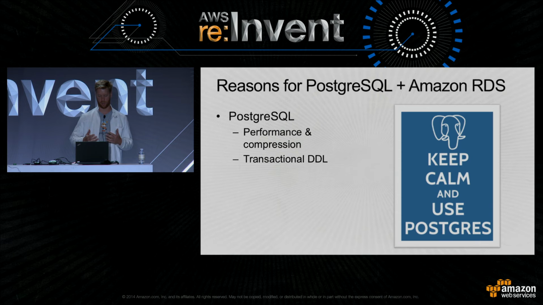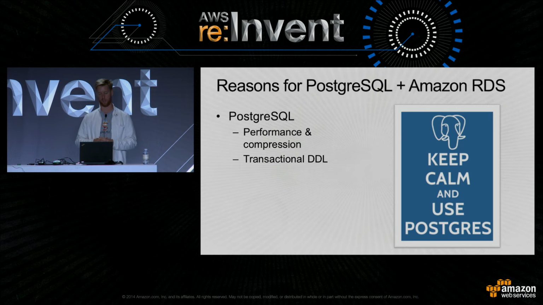Coming from an Oracle or SQL Server world, it's weird to me that you don't have transactional DDL in some systems. Even before MySQL 5, 6, you couldn't do a lot of online transactional statements, like adding a column. In Postgres, if you say you want these 3 columns added, and if one of them fails, you don't want any of them added, that's transactional DDL, which is very nice.